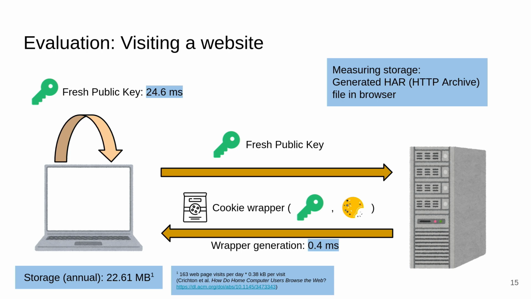But that's one of the big things that we could not come up with a better solution for. We don't know how to measure the amount of data being transferred at the web application level, other than using these HAR files. Does anyone know anything better than this? I haven't seen anything. Do you? Okay.